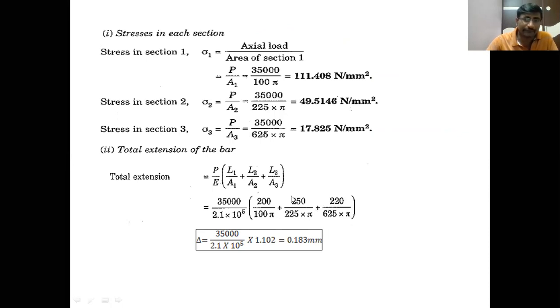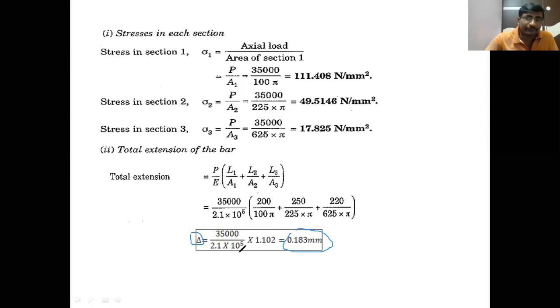Upon substitution of all the values, the total extension of the member is 0.183 mm upon applying the load of 35,000 newtons. So like this, we can calculate the stress in each member, and also the extension of each member can be found out.